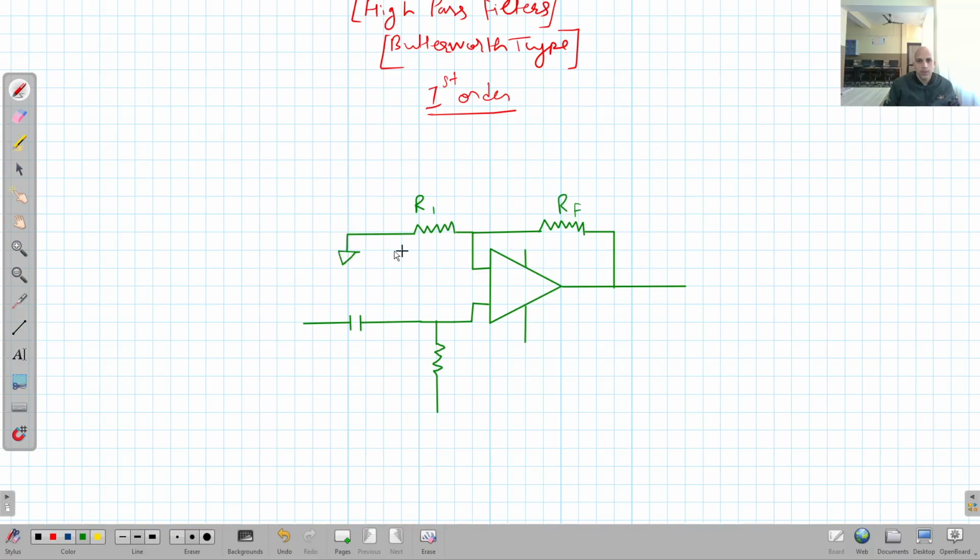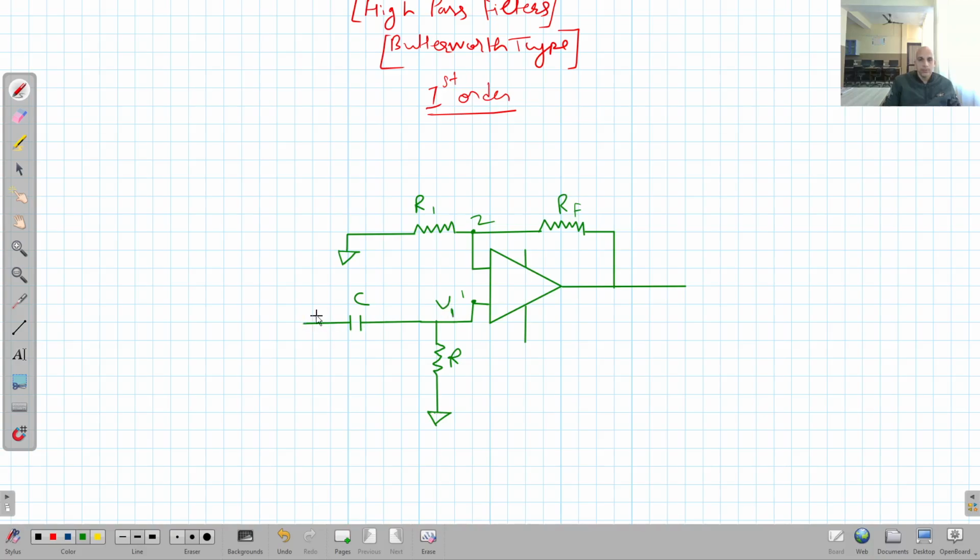This terminal is at virtual ground. This is again at virtual ground, and this is capacitor C. This is resistor R. Clear? This is node 1. This is node 2. Let the voltage at node 1, or at this point, be V1.